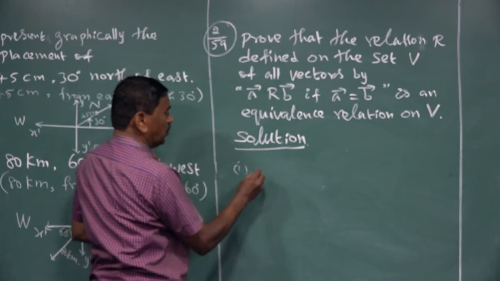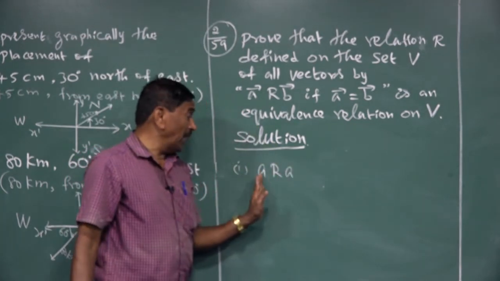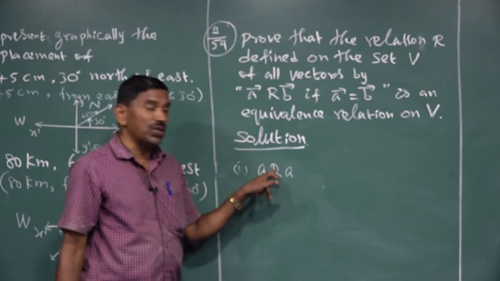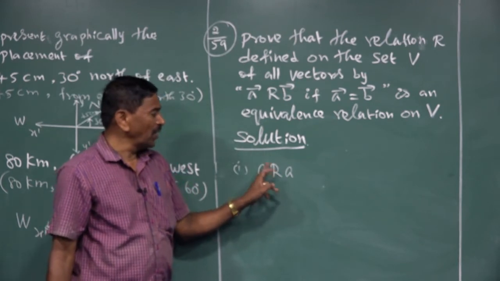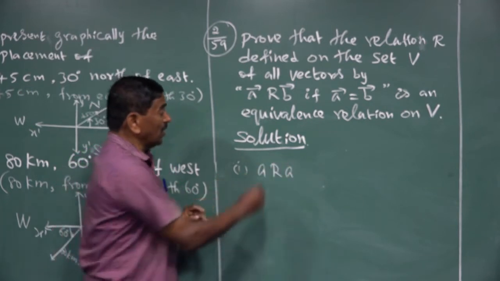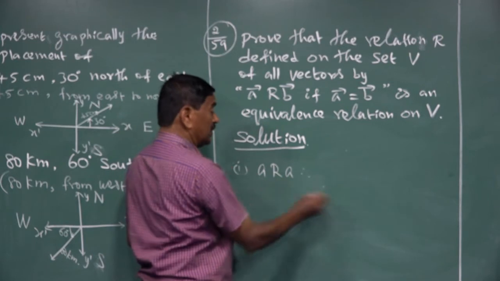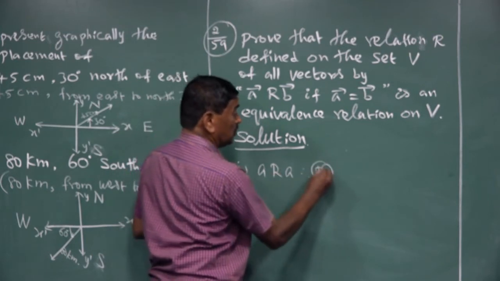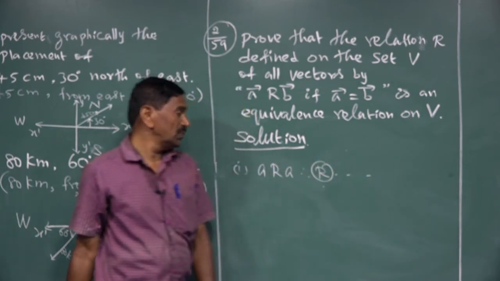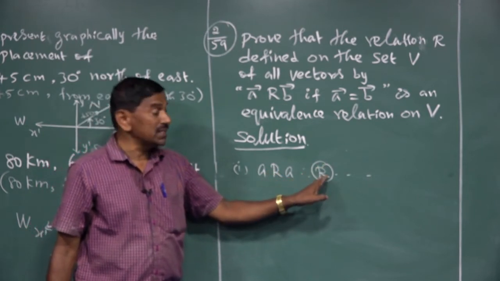Listen, first one: A is related to A, where capital R denotes a relation. A is related to A means A itself is a relation. If A is related to A, then the relation R is reflexive.